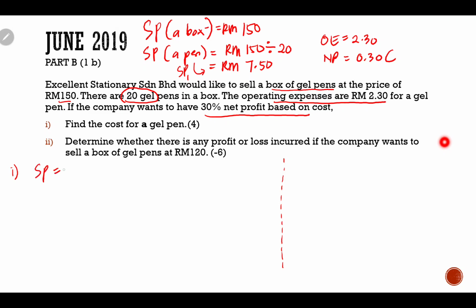Write the formula as SP equals cost plus operating expenses plus net profit. For the selling price of one pen, we have 7 ringgit and 50 cents.